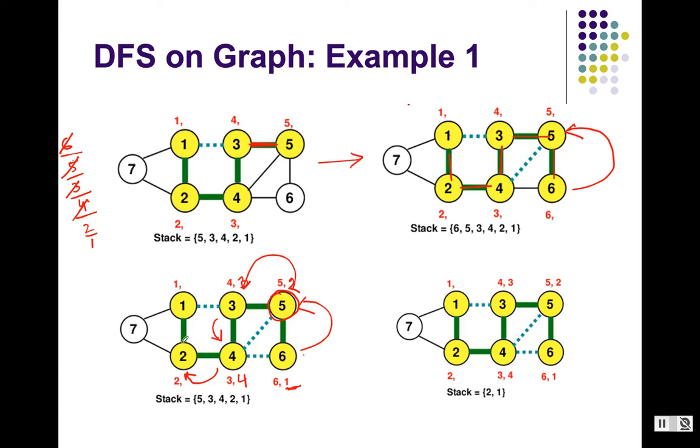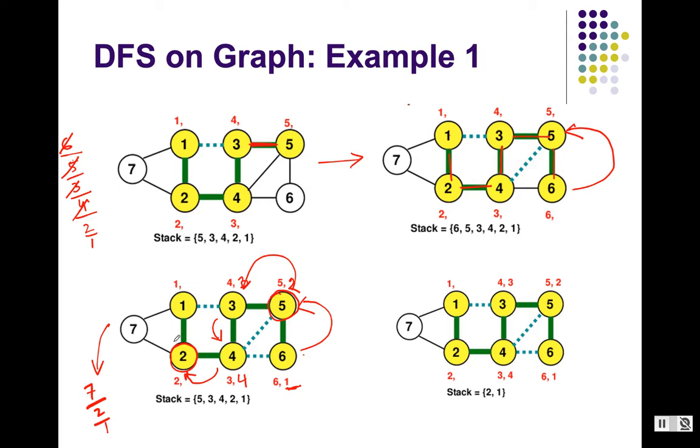Now from 4 to 2, when we are at 2, we have one unvisited child node, which is 7. At this point we are going to add 7 to the stack, so our stack will look like 1, 2 and 7.